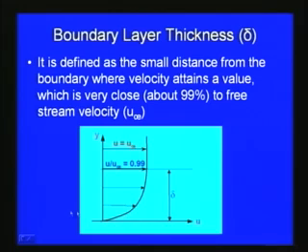So, if u infinity is the free stream velocity at this location, the boundary layer thickness delta is defined as this distance delta at which u by u infinity, where u is the velocity at any location in the boundary layer, is equal to 0.99. That distance is defined as the boundary layer thickness. Through this we are able to differentiate whether the fluid flow is within the boundary layer or beyond the boundary layer.